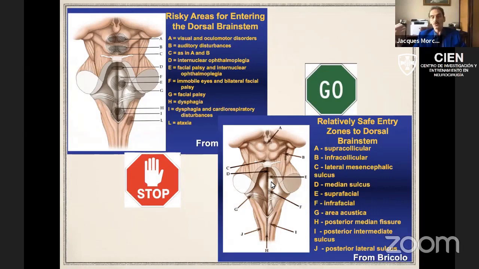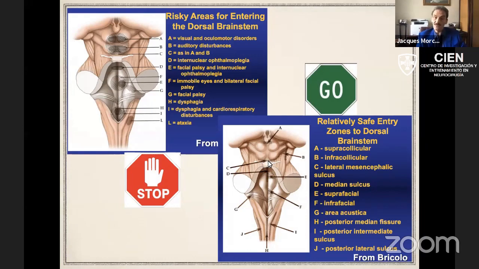These are zones you could consider entering, but realize you can still cause significant damage due to the structures immediately next to them, such as a midline incision between the medial longitudinal fasciculus up here. I do not like that incision, and I would avoid it, if at all possible.